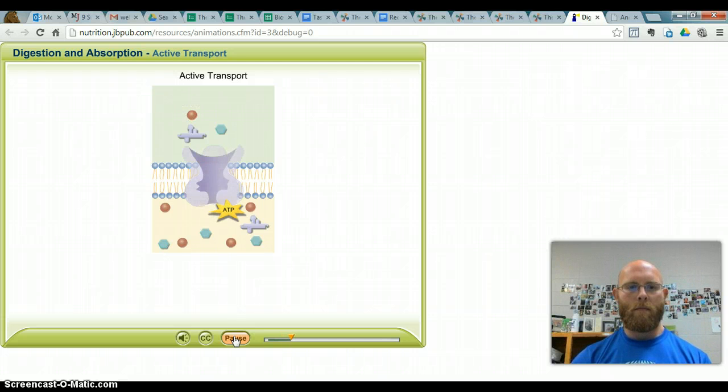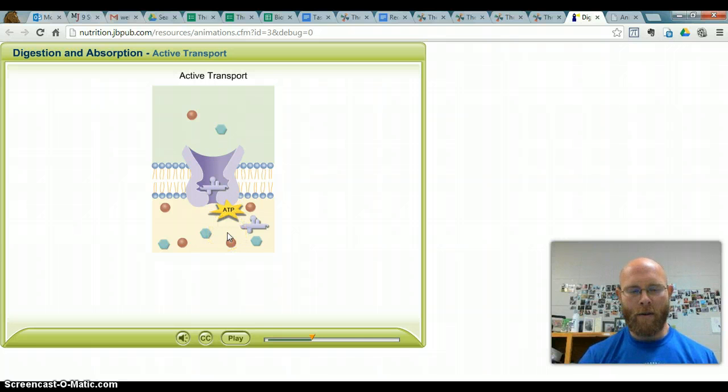In addition to a protein in the membrane to serve as a carrier, energy in the form of ATP is also needed. Okay, so ATP is needed. That's why it's called active transport. It's active because it requires energy in the form of ATP to get these molecules across.